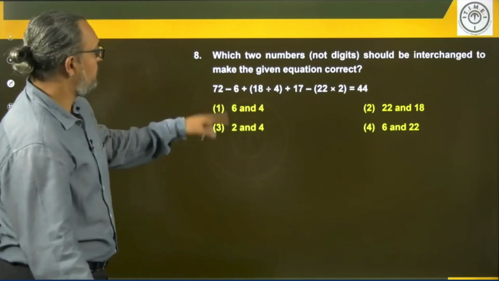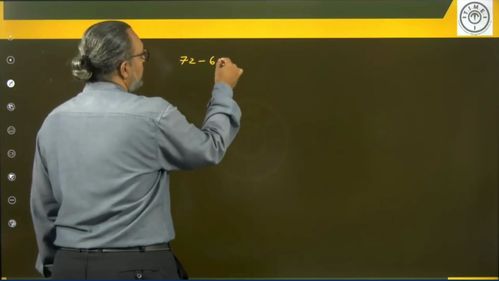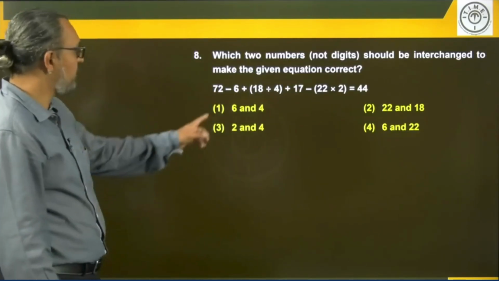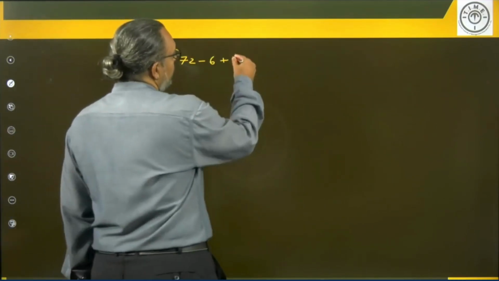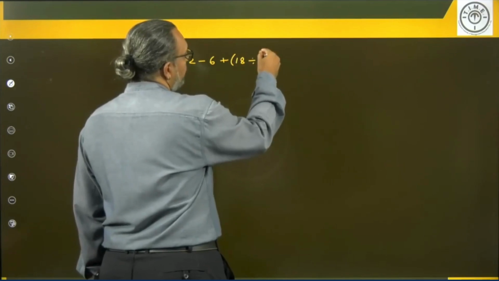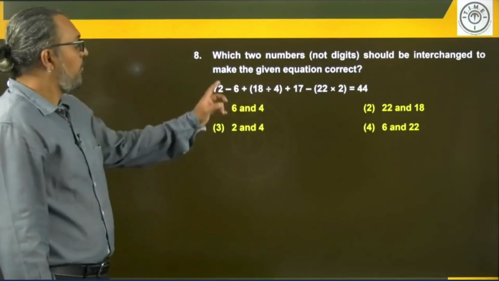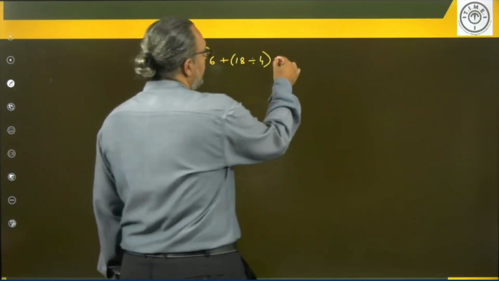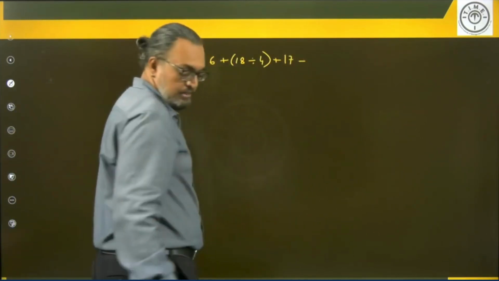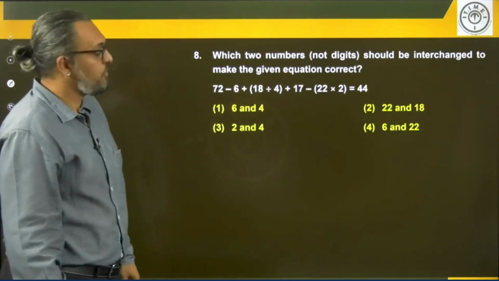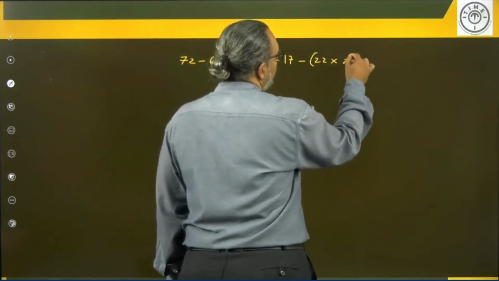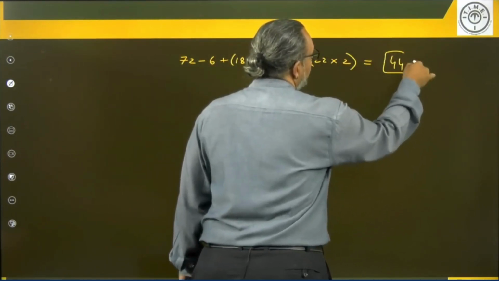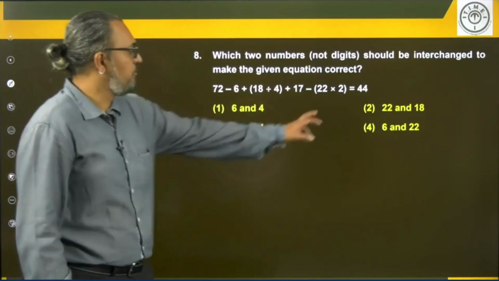So we have 72 minus 6 plus, now you have some parentheses given, within brackets 18 divided by 4, plus 17 minus, and again within parentheses 22 into 2, and on the right hand side we have the number 44, correct, 44.